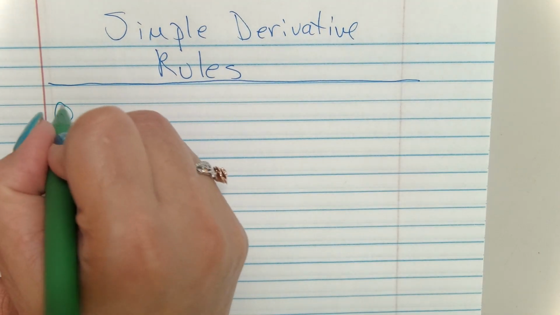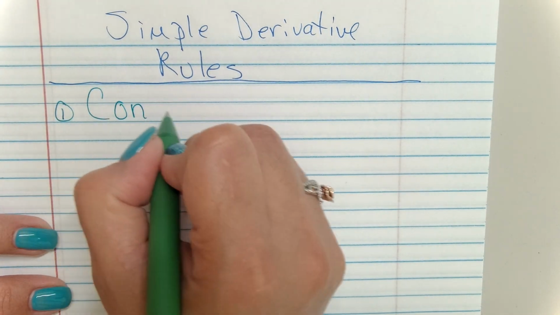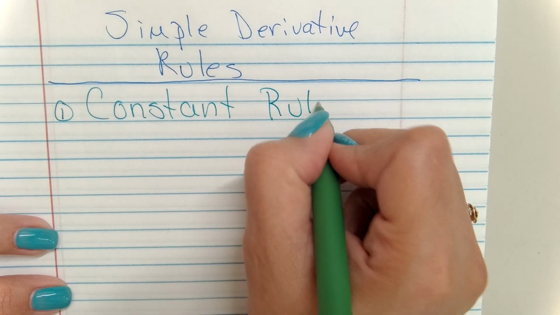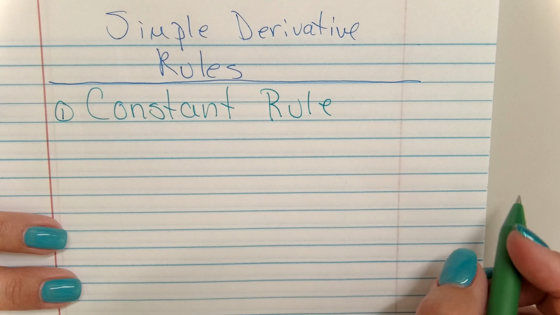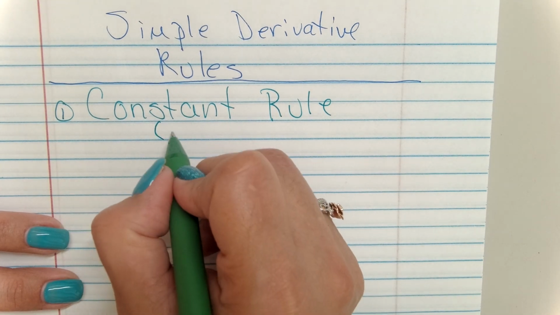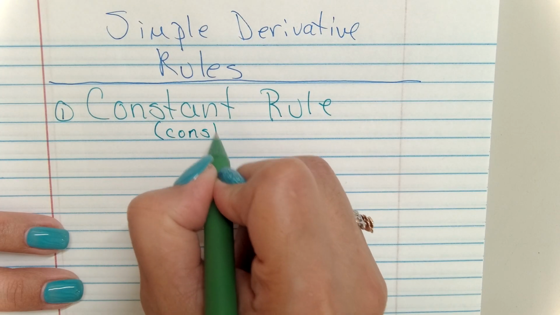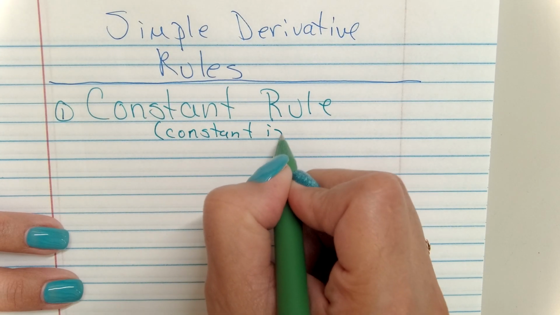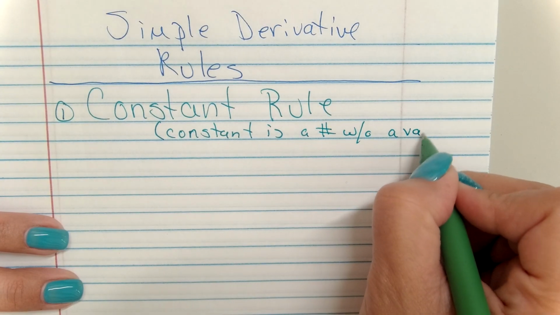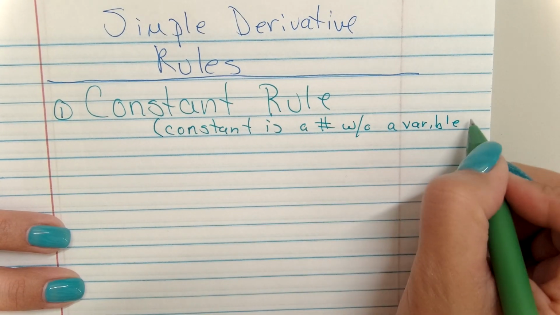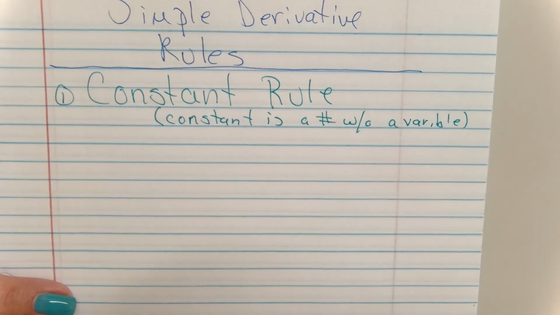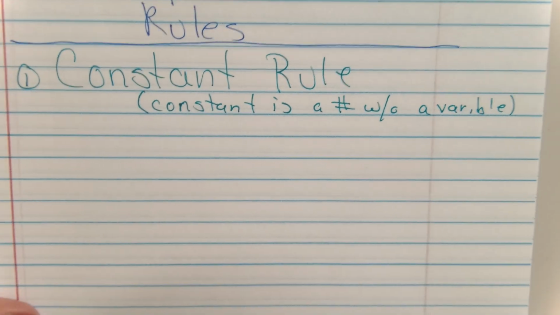Our first rule is called the constant rule. As a reminder, a constant is a number without a variable.